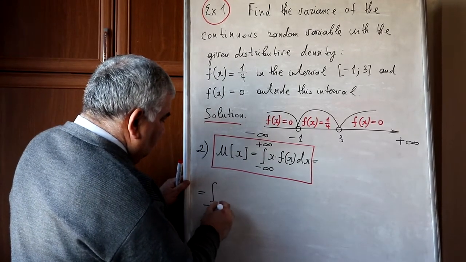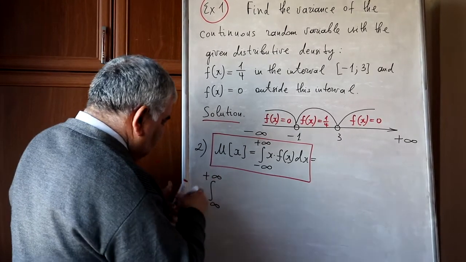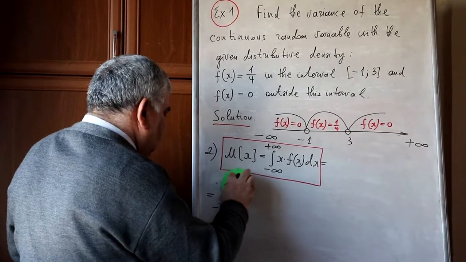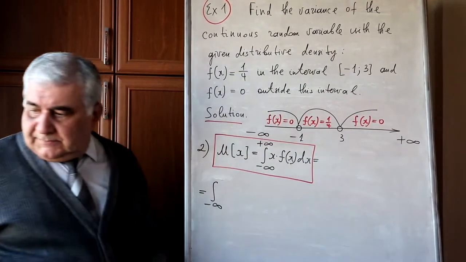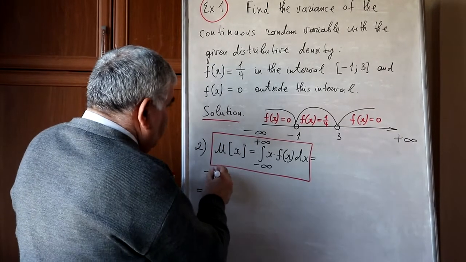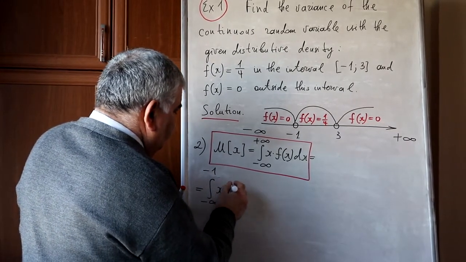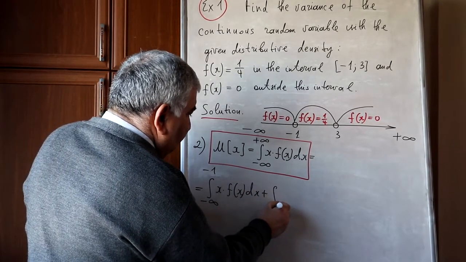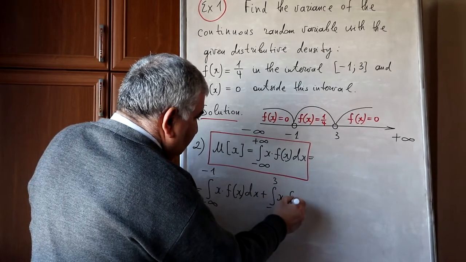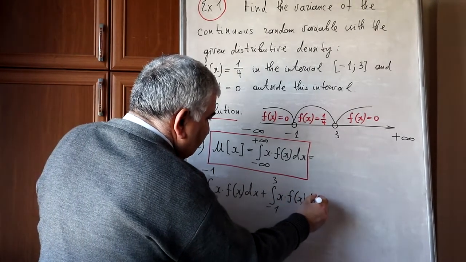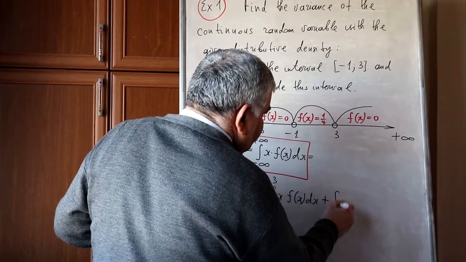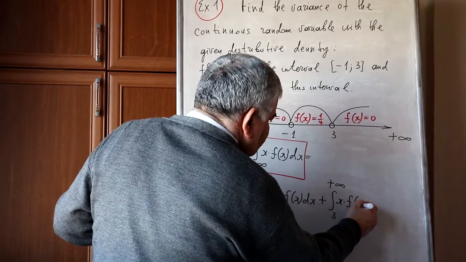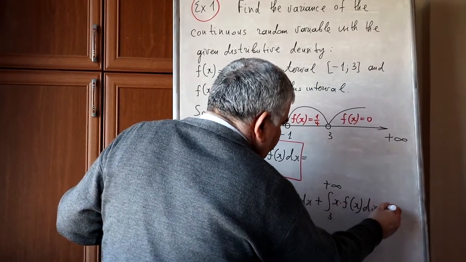Integral from minus infinity to minus 1 of x multiplied by f of x dx, plus integral from minus 1 to 3 of x multiplied by f of x dx, and plus integral from 3 to plus infinity of x multiplied by f of x dx equals.